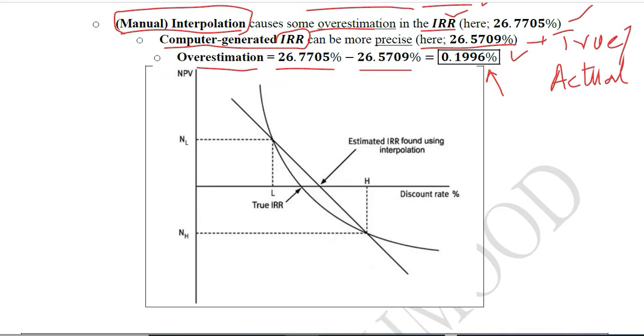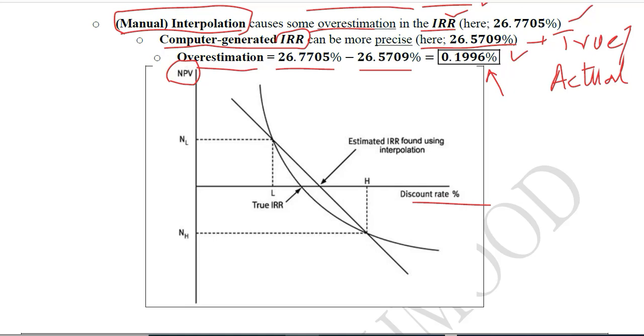Now graphically speaking, we can understand this. On the x-axis we can put the discount rate, and on the y-axis the NPV, because the NPV depends on the discount rate. And this is a curve, a negatively sloped curve.